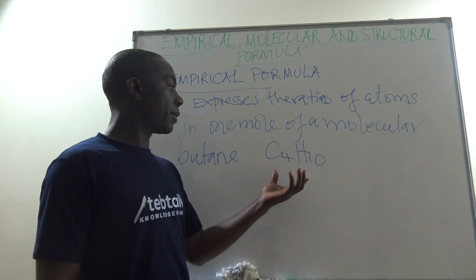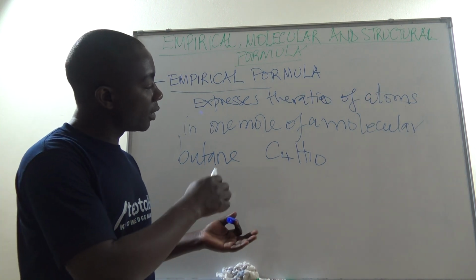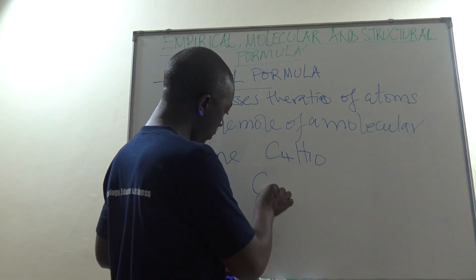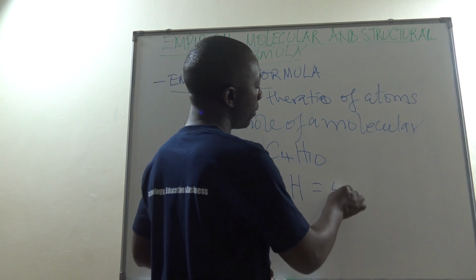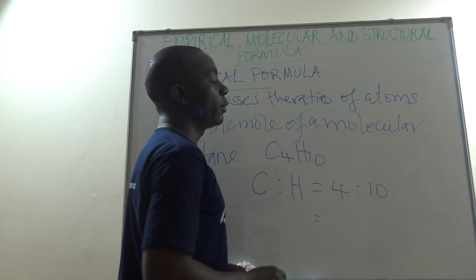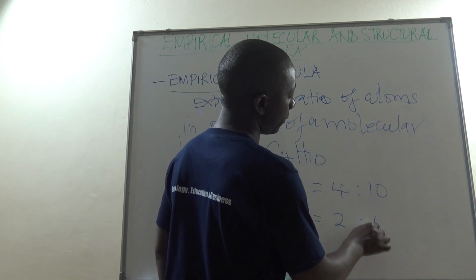When we sum up all of them, we get 14 atoms. But what is the ratio of carbon to hydrogen? Ratio of carbon to hydrogen will equal 4 to 10. And when we express it in the simplest ratio, we obtain 2 to 5.